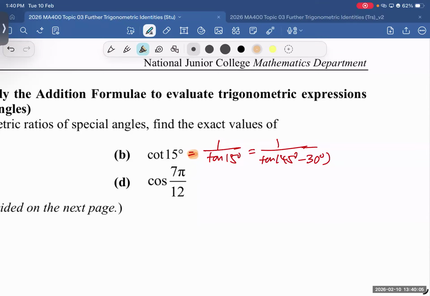Say again, anything negative for cosine must be which quadrant? Quadrant 4 cosine is positive. Using ASTC, in quadrant 3 cosine is negative, so quadrant 2. Okay.